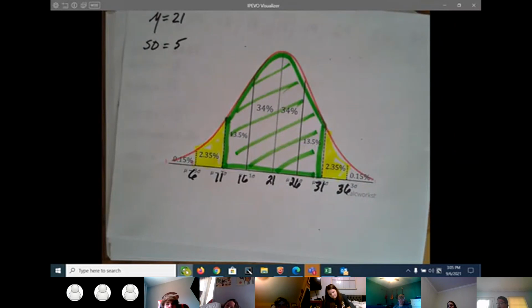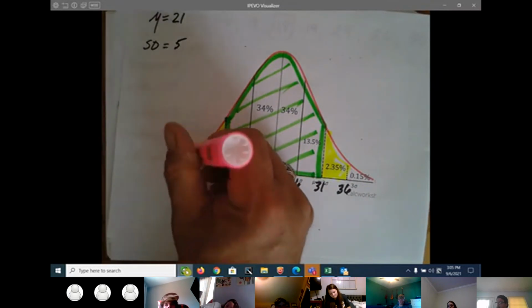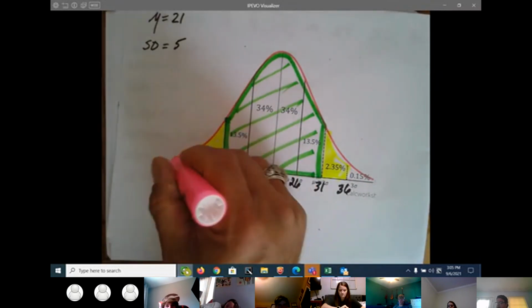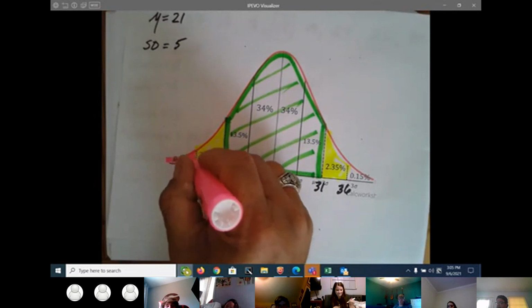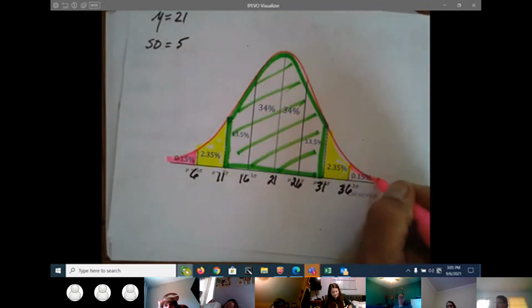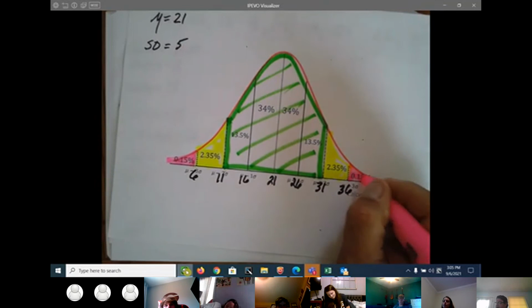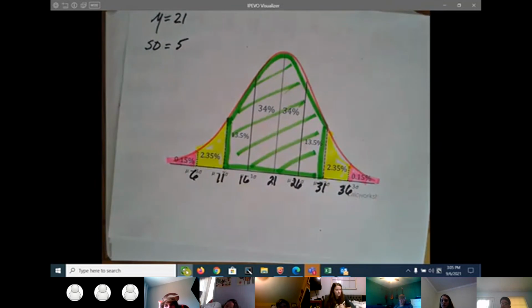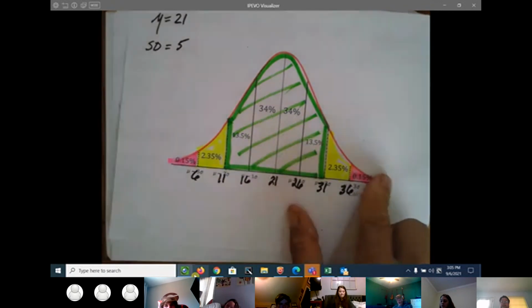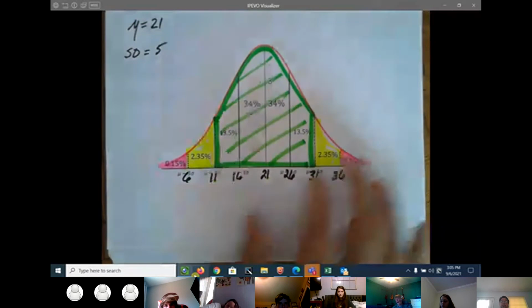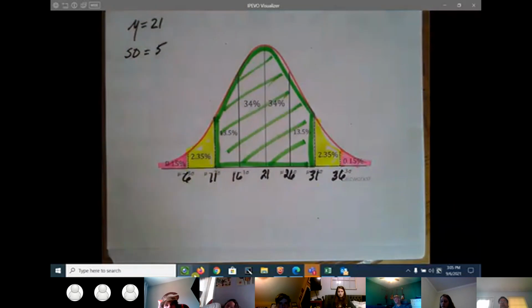And outlier be right here. So we're talking about a history Western Civ class. What's the chances of a 40-year-old or a 5-year-old being in a Western Civ class? About 0, because they're outliers. And that's how you use standard deviation.